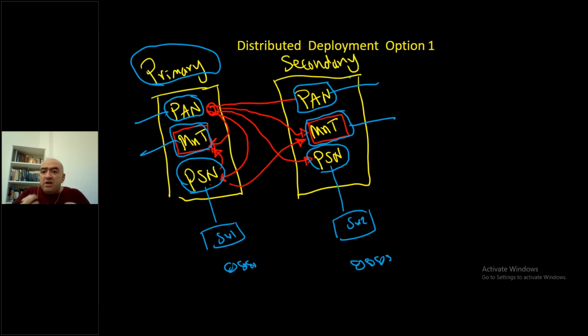They just receive the replication from the primary, and they don't serve any devices. While the PSN persona in both nodes doesn't understand the concept of primary and secondary. It's active actually. So the one here is serving different switches, and this guy can serve different switches, no issues with that.